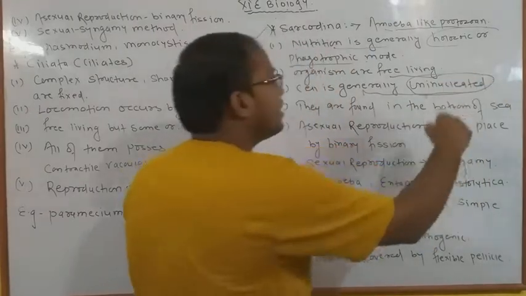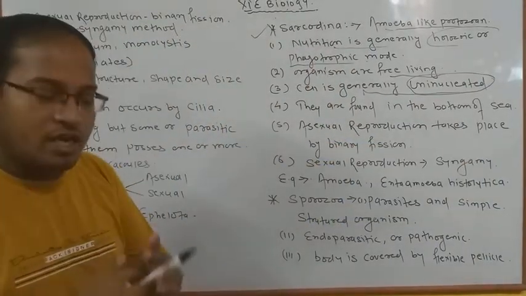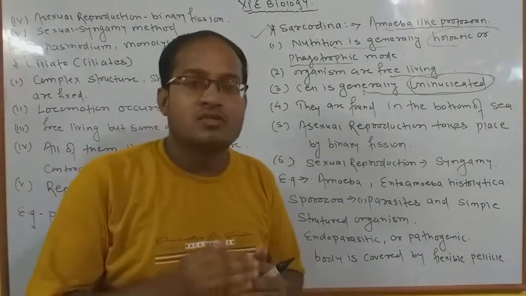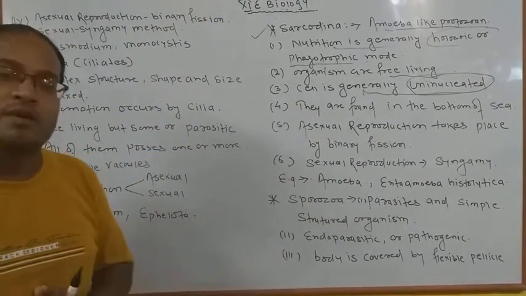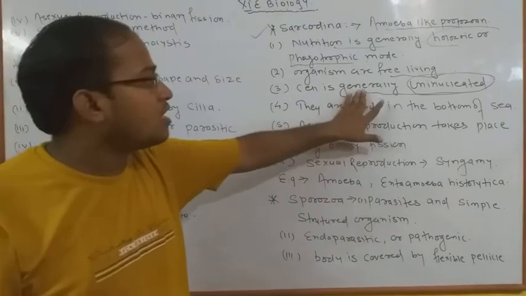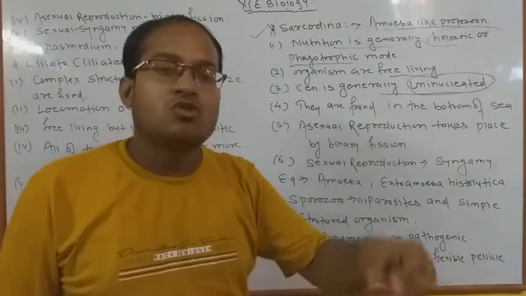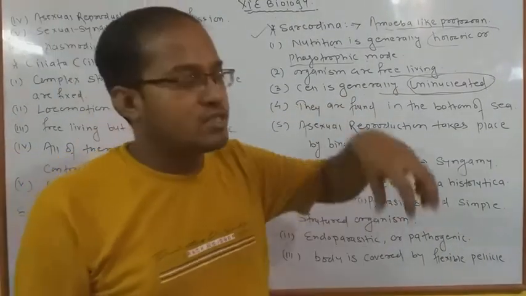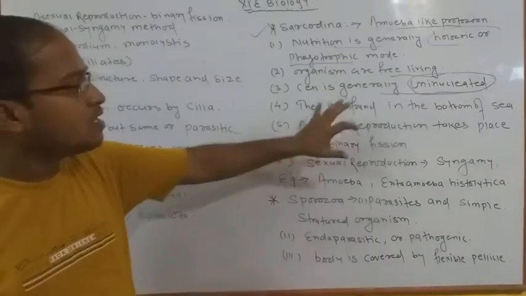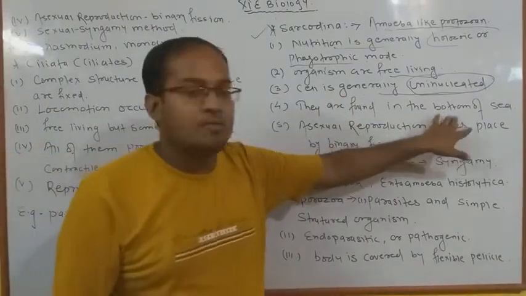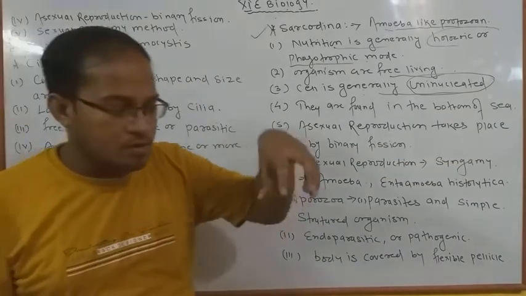If the number of cells is more than one, they are all the same in structure and same in shape. Most important, they are found in the bottom of the sea, meaning the area under the sea.